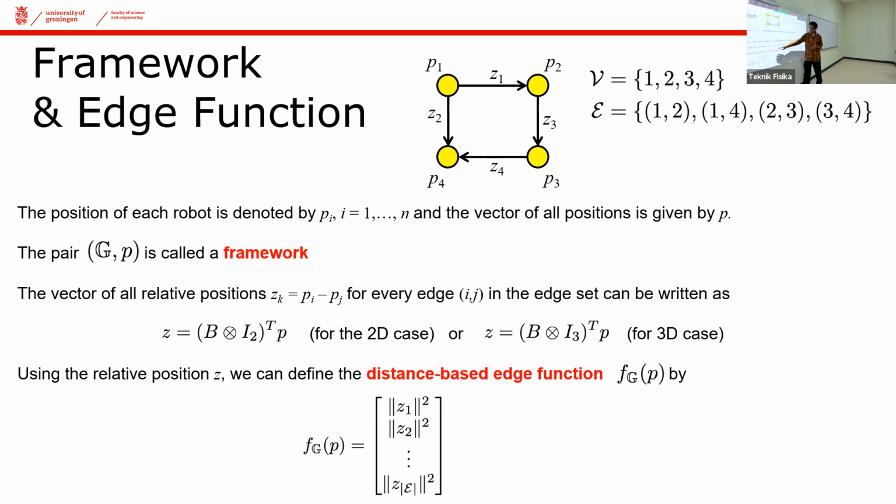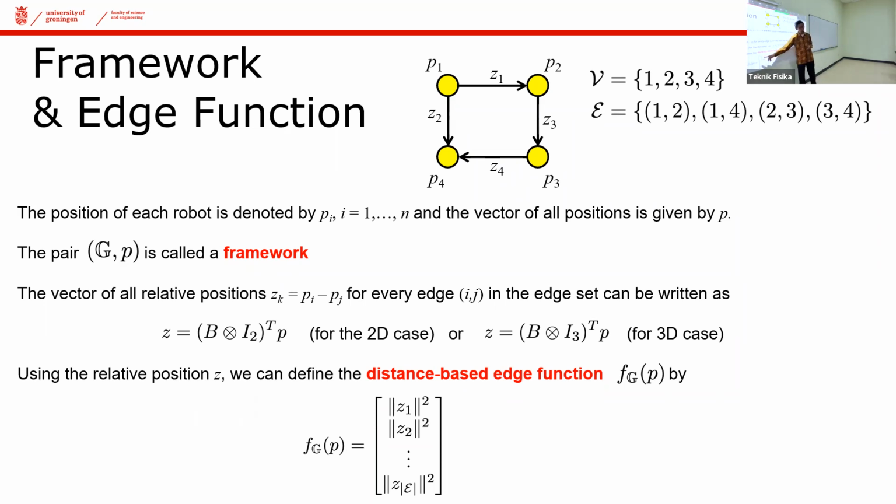And I call it distance-based because the way we define shape uses the information of the edges, and in this case, we are only using the information about the norm of the relative positions. If you remember, the relative position is the difference of positions in x and y directions of every agent.